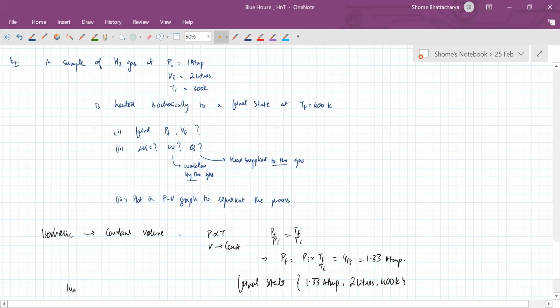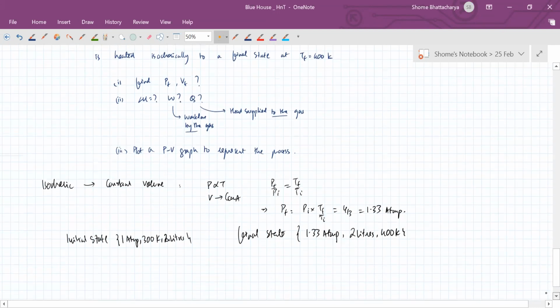Whereas the initial state was 1 atmosphere, 300 Kelvin, 2 liters. Okay. So that's as far as the equation of state goes.